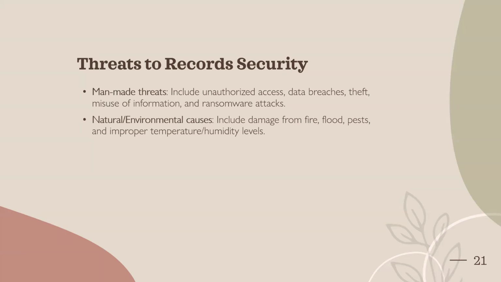Data breach. Someone goes onto your system, hacks into it, and is able to access information. Why? Because we've not been able to put strong security measures to avoid certain things from happening. Theft. Someone can break into your office, get information, and misuse it. Ransomware attacks. Someone takes information from you and then asks for a lot of money.